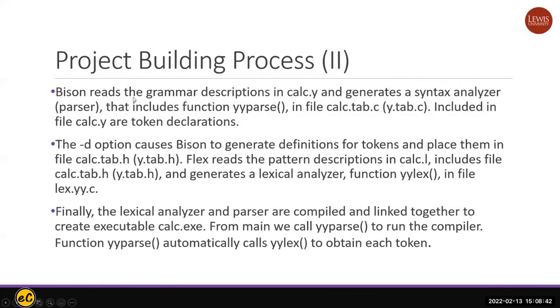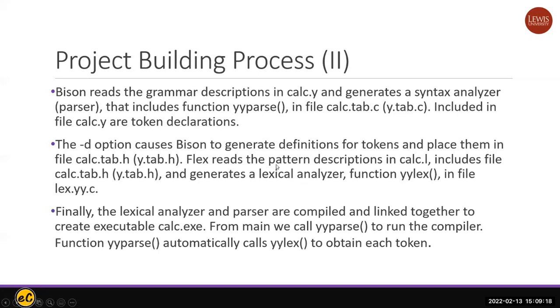So Bison reads in the grammar description in the .y file and generates the syntax analyzer, the parser, in the function yyparse, and yyparse is in the calculation.tab.c file. The -d option calls Bison to generate the definition of tokens, placing them into calculation.tab.h. First it reads the pattern description in calculation.l, including the file .h, and generates a lexical analyzer.